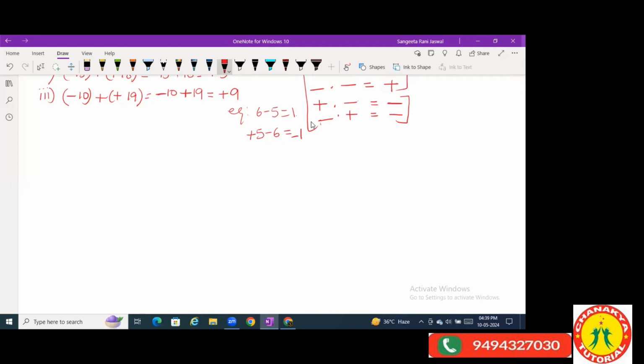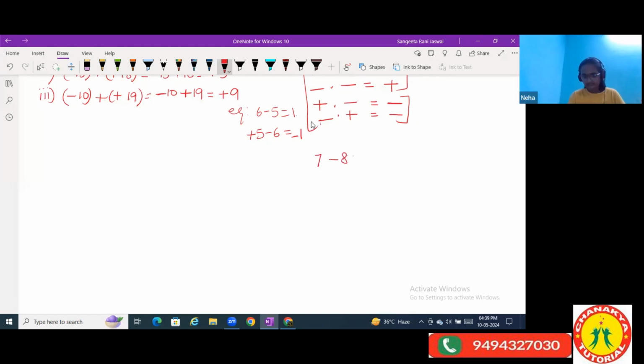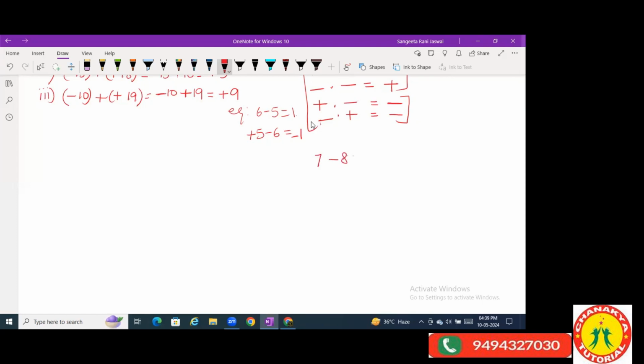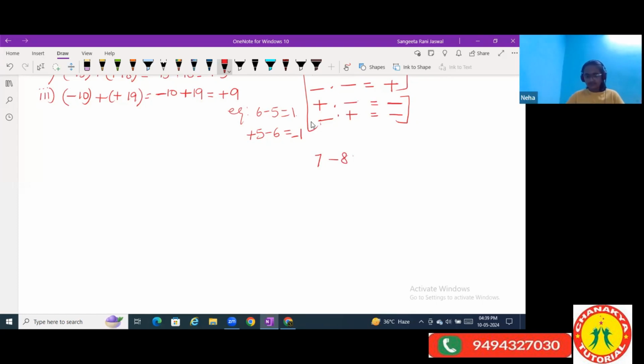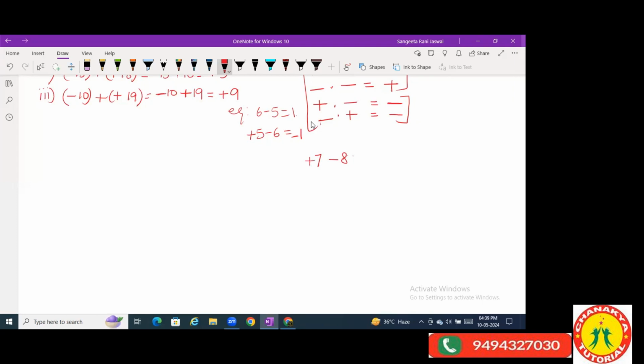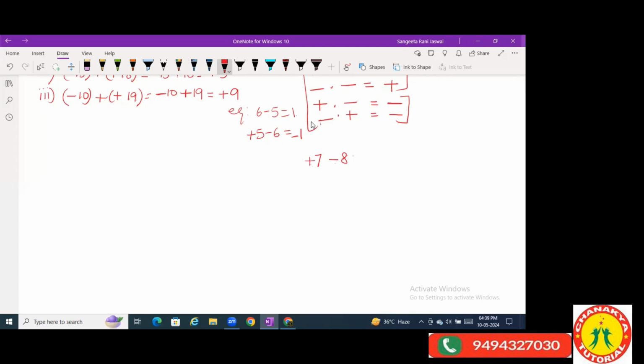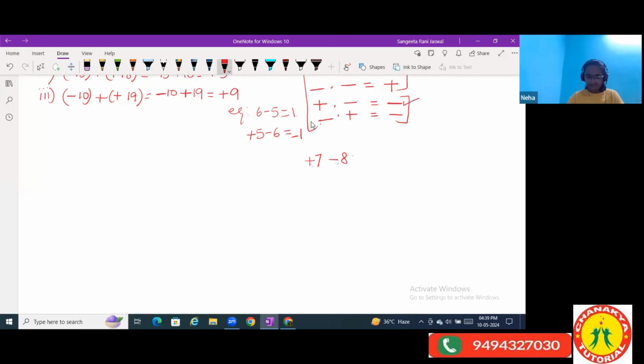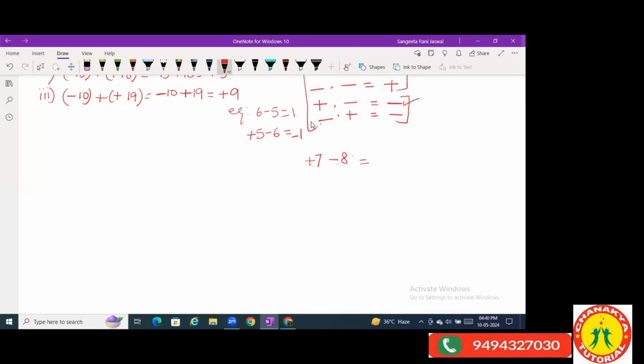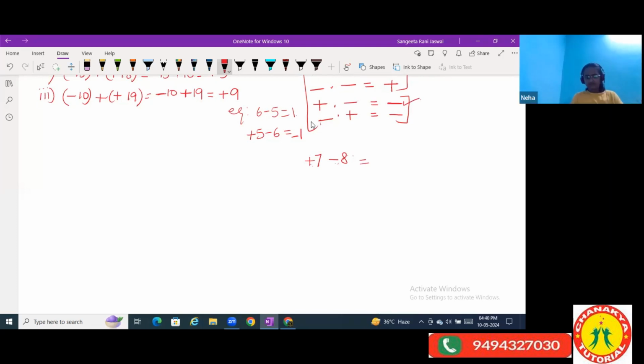Suppose you have such numbers, 7 minus 8. What will you see? The 7 has a positive sign. If there is no sign, the sign is positive. When you have two different signs, you perform subtraction, subtracting the smaller number from the bigger number.